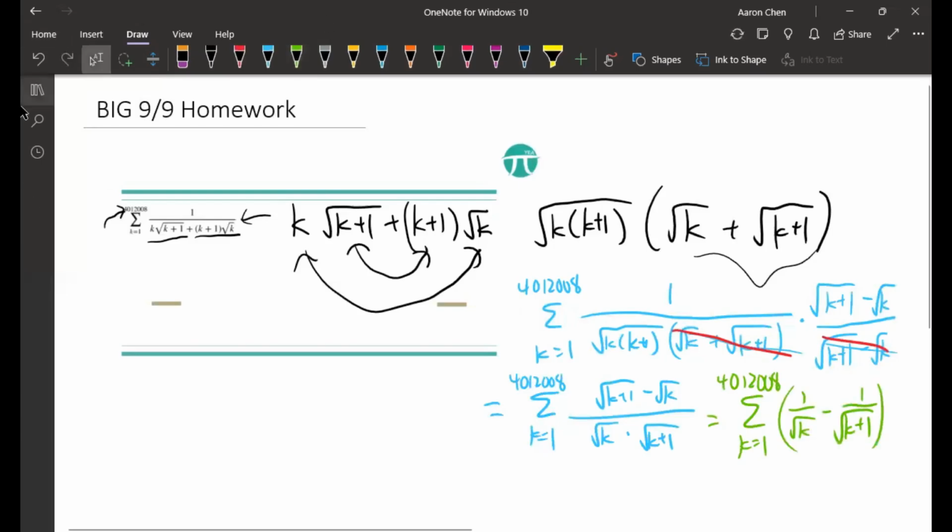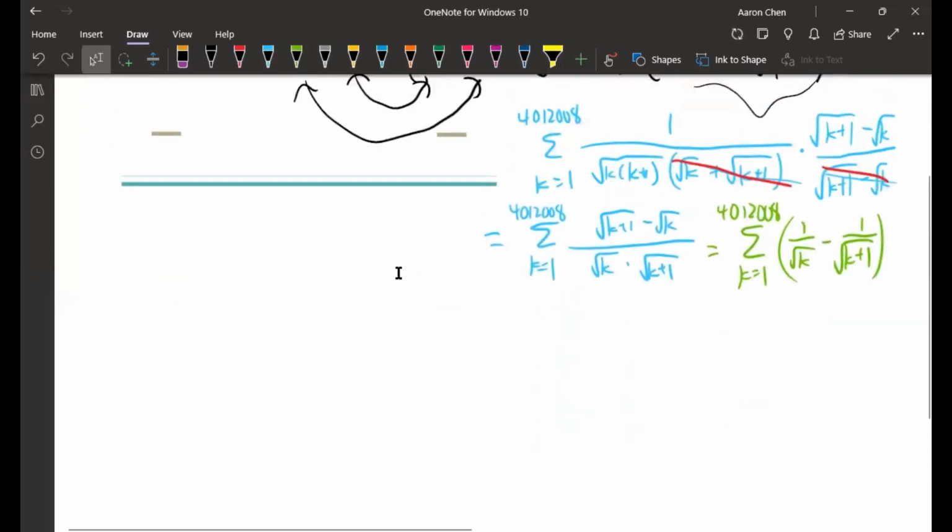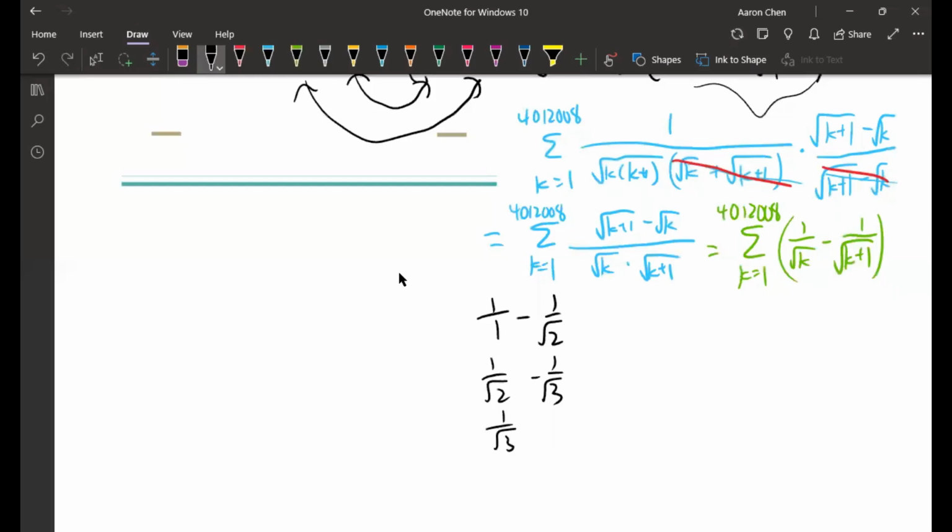You can see how to proceed from here and how they cancel, but if you don't, that's fine, because you can just write out the first few values. It goes 1 over 1 minus 1 over root 2, 1 over root 2 minus 1 over root 3, 1 over root 3 minus 1 over root 4, and so on.